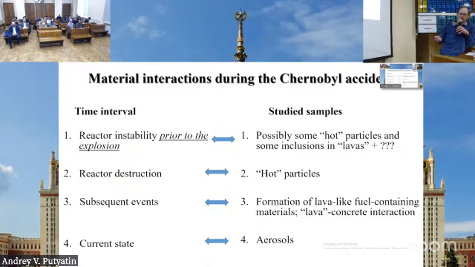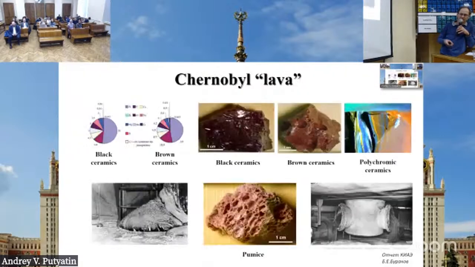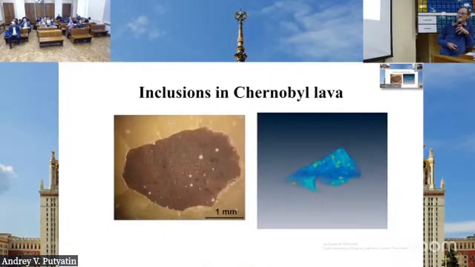And now Chernobyl lavas, they generate aerosols, which are distributed more or less now inside the shelter, but in principle they can go outside. Here are the actual photographs of Chernobyl lavas. You see different types of these ceramics, which are different in the chemical composition, but basically all of them are just silicate glass with quite high concentration of uranium, zirconium, and so on.